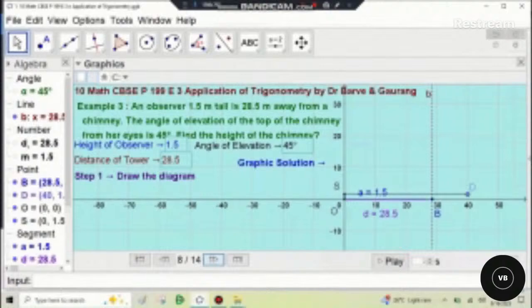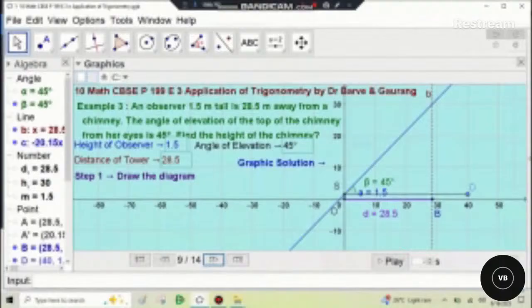And we have 28.5 the distance of the chimney, and you see that at beta 45 degree we draw one line, and wherever this line cuts, this is going to be the top of the chimney.